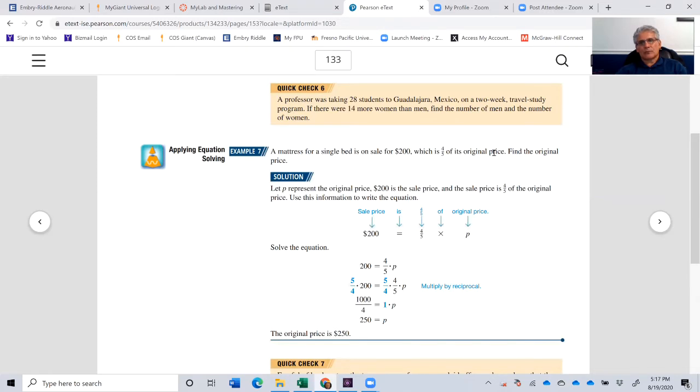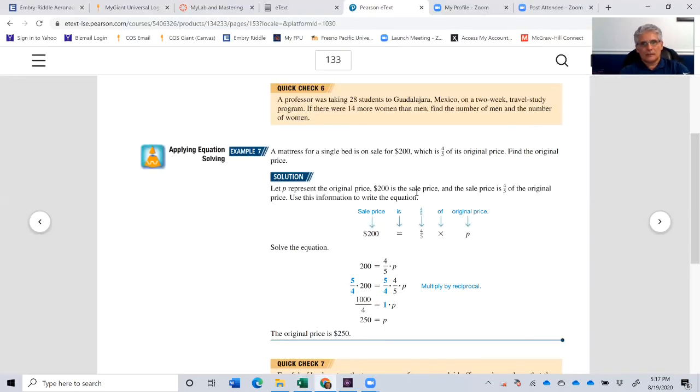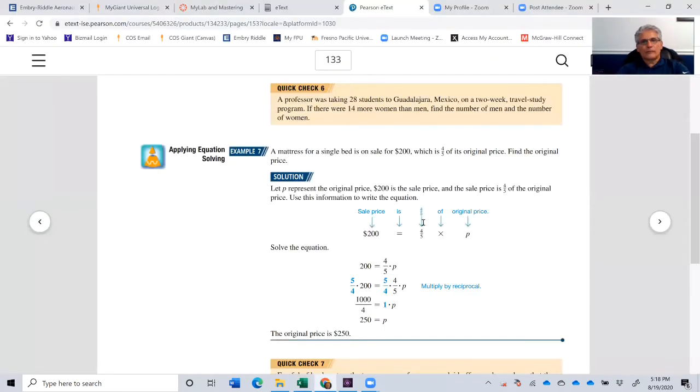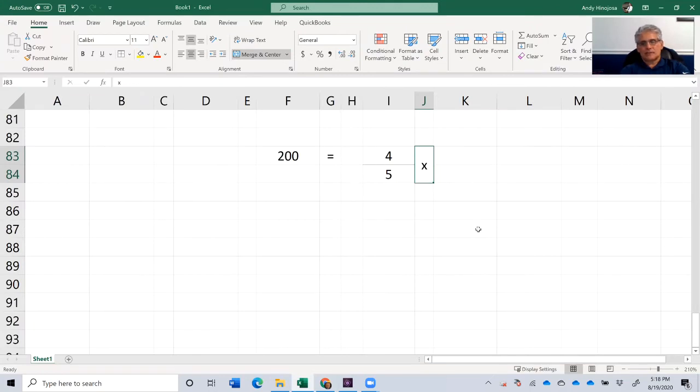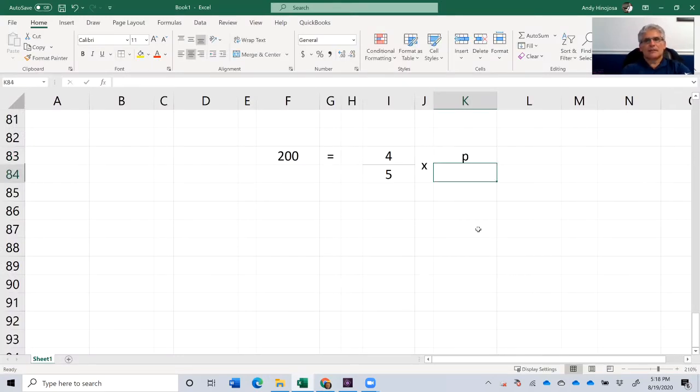So 4/5 of its original price, we don't know what its original price is, so we'll use the letter P. So $200 is equal to 4/5 of P. The verbal expression "of" becomes multiplication, so times, and the unknown variable we'll represent as P. So 200 is equal to 4/5 times P.